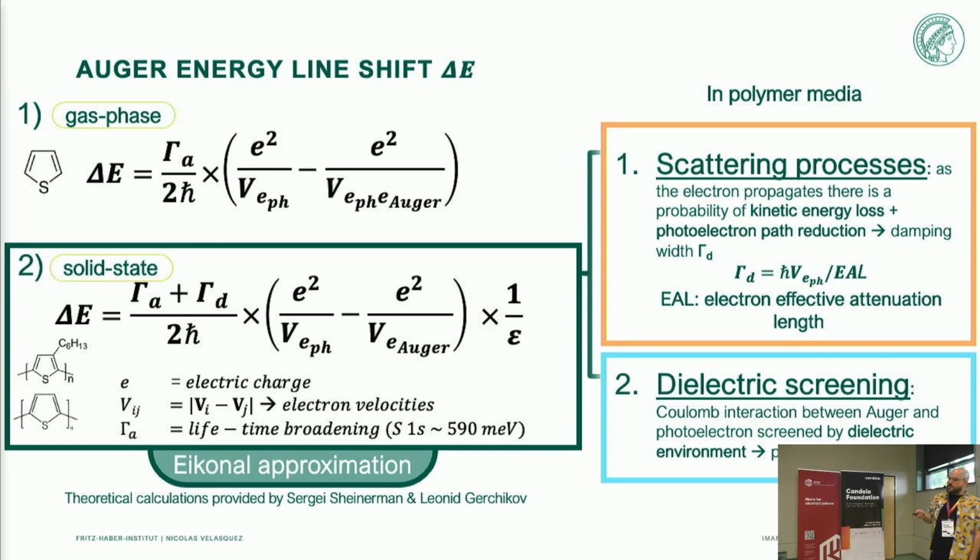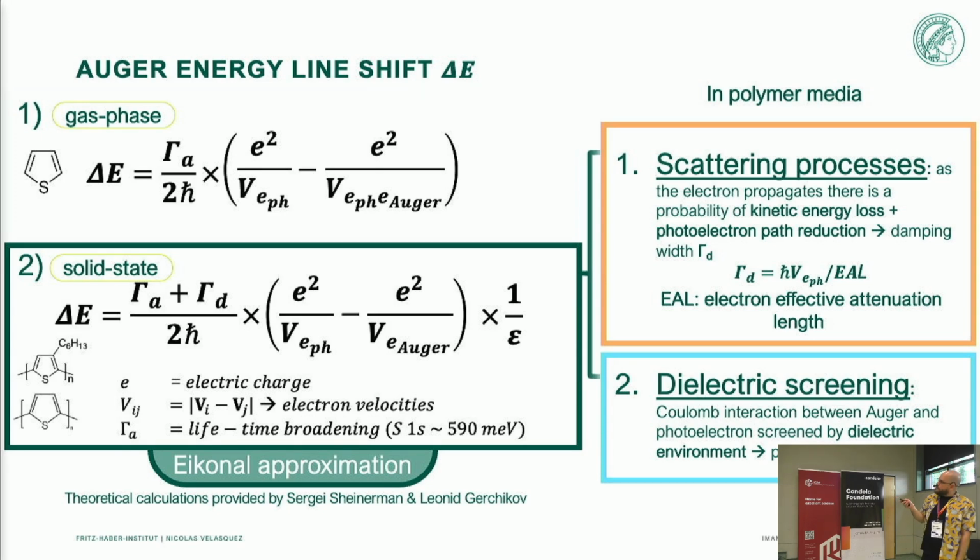In the first one, scattering processes, your photoelectron has a probability of losing kinetic energy upon each encounter with anything that it meets. So this is inelastic scattering. On the other hand, your photoelectron is going to have its path travel drastically reduced by the time Auger decay takes place. And this is elastic scattering.